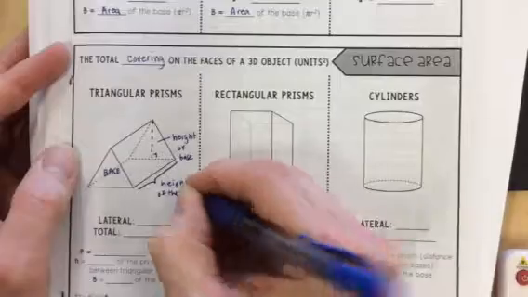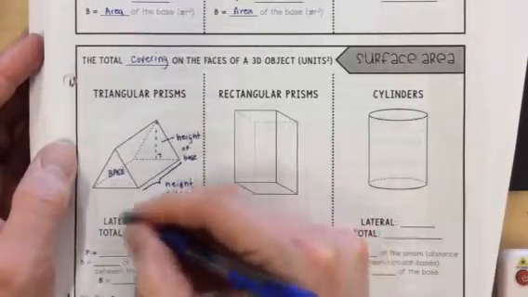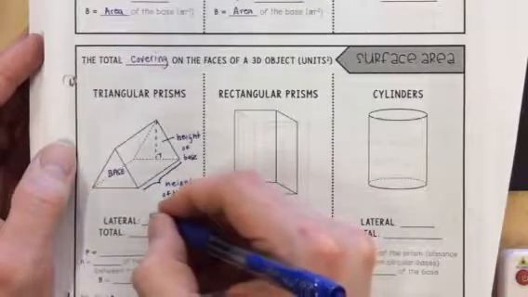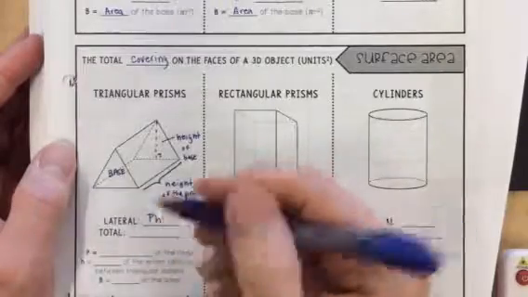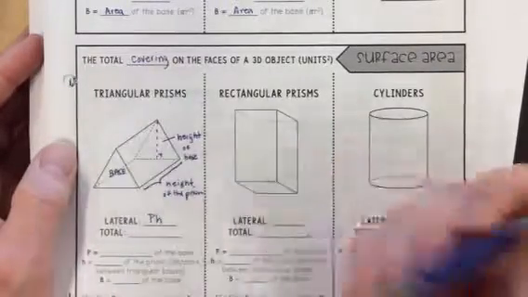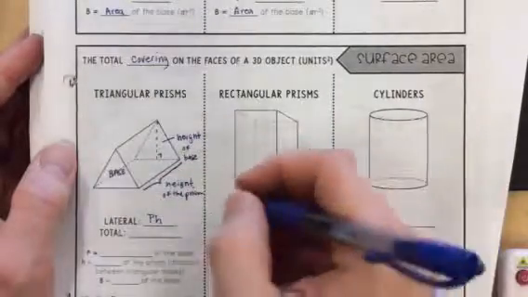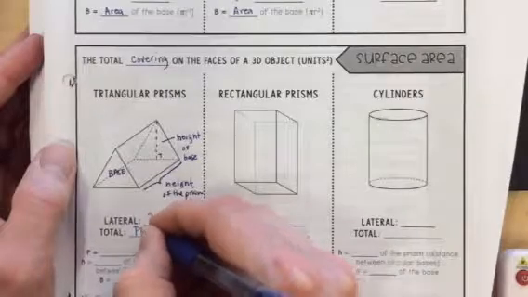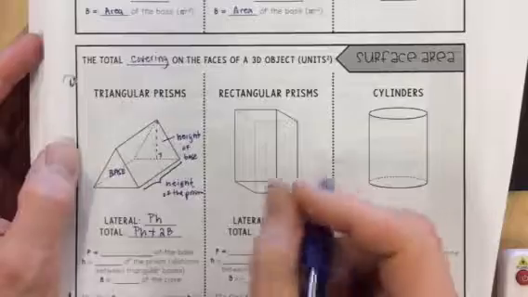Well, when we did this in class, we realized that there's two formulas for this, or they're on your STAAR math chart. The lateral area formula, you can take the perimeter of the base and multiply it by the height. And then for the total surface area, you can take the lateral, which is P times H, and add it to 2 times the area of the base.